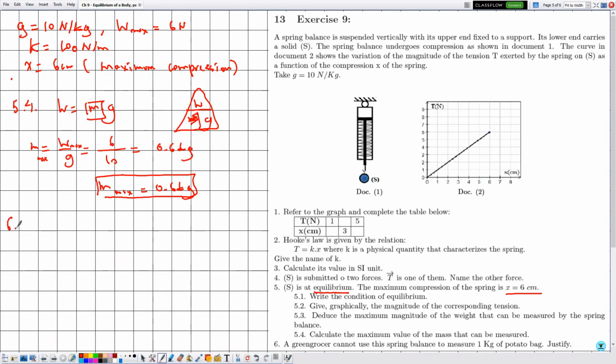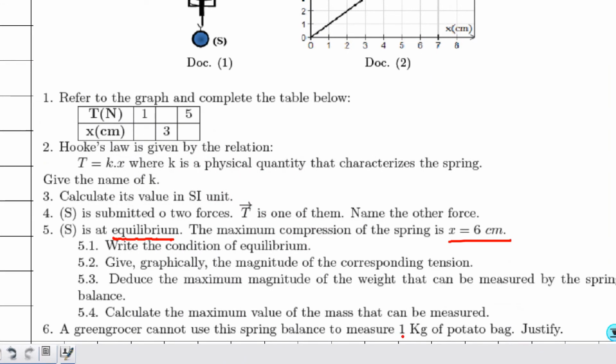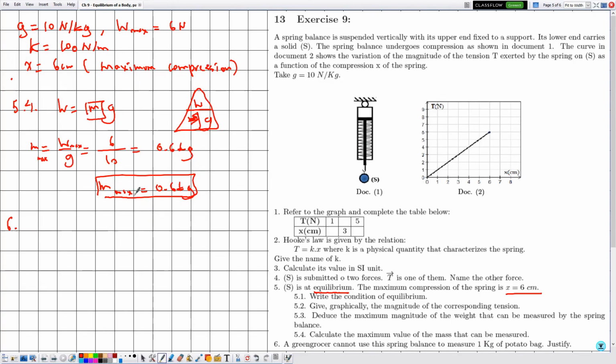Now in number 6, they are telling us a greengrocer cannot use the spring balance to measure 1 kilogram of potato bag. Justify. And this is simply because the mass of this bag is greater than the maximum mass to be measured.